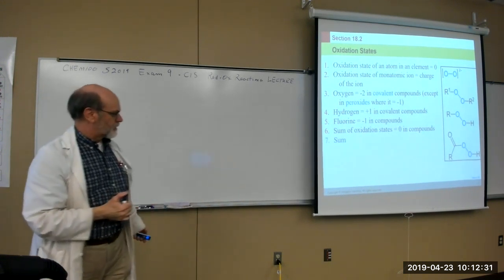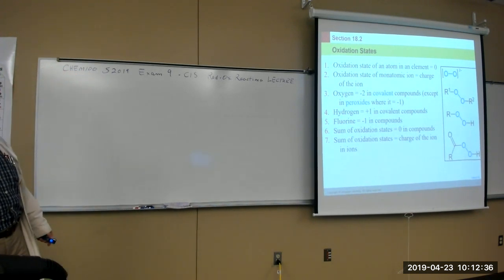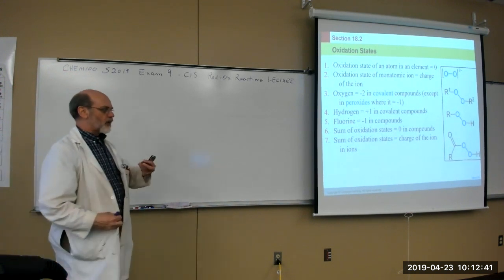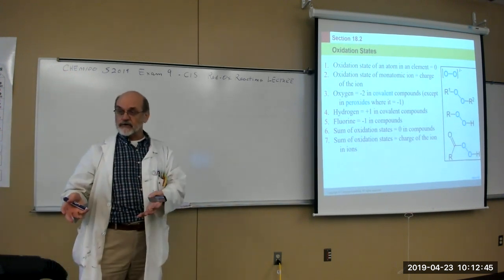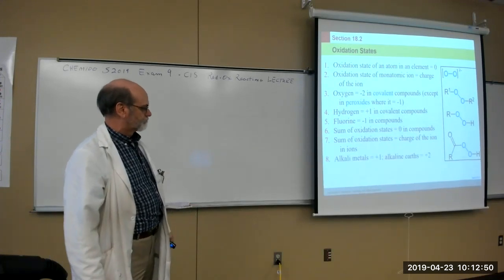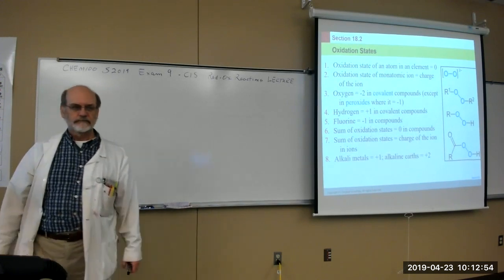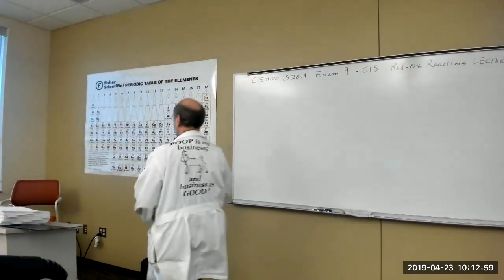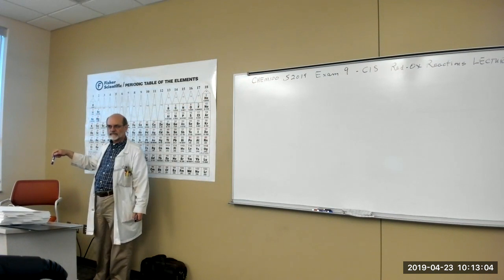More rules. If the polyatomic ion, well, a polyatomic ion will have a charge. So if there's a charge on the group, then the total of the oxidation states has to equal the charge. And then there are the alkali metals. The alkali metals are always +1 oxidation state.